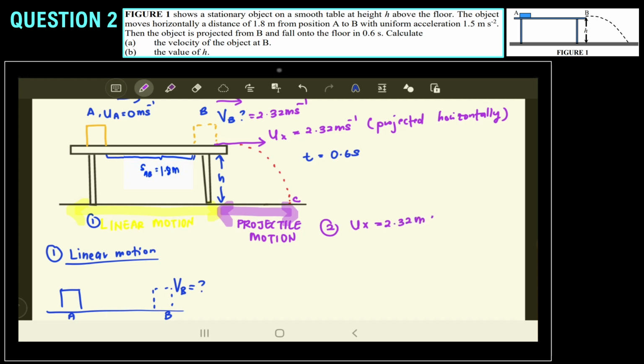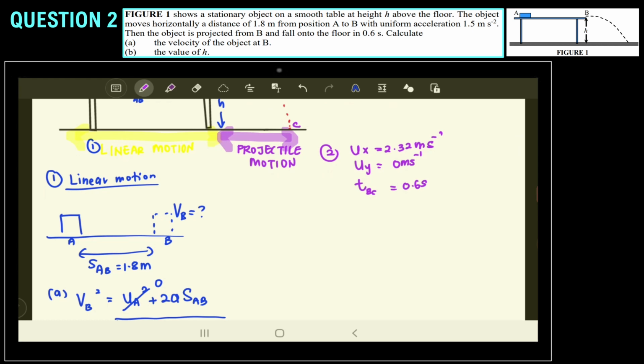Let's write again the information that we have. For the second part, we want to solve for the projectile motion. The time taken to reach the floor from point B to C is given as 0.6 second. This is the information that we have. And we know it goes downward.